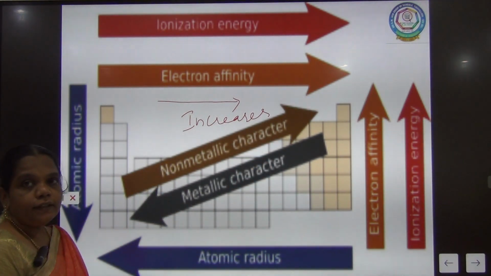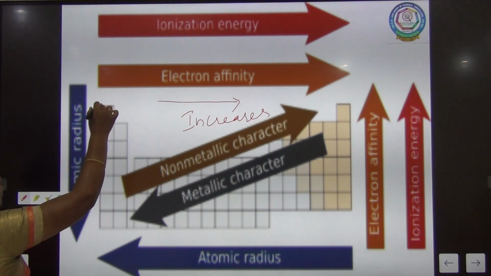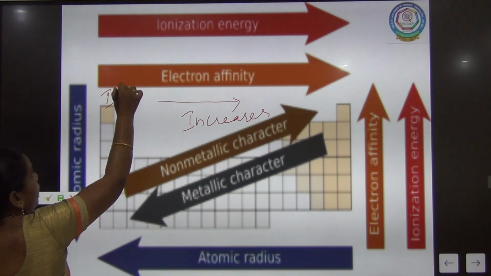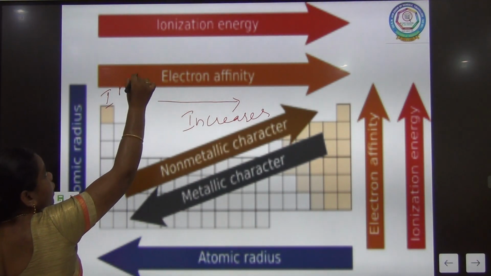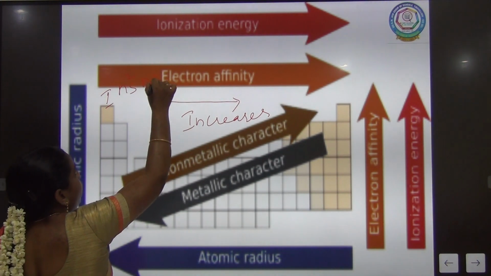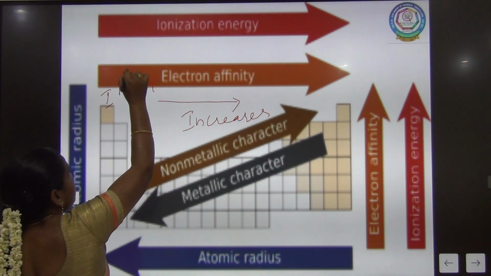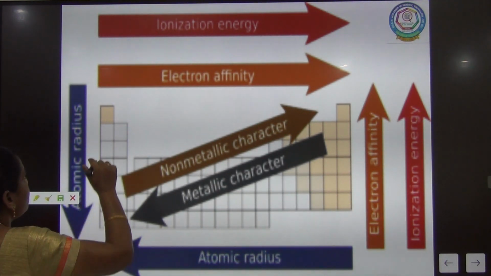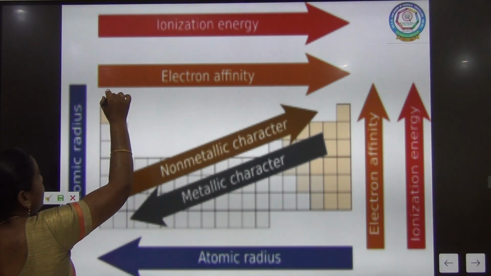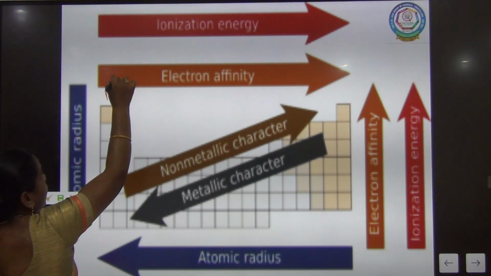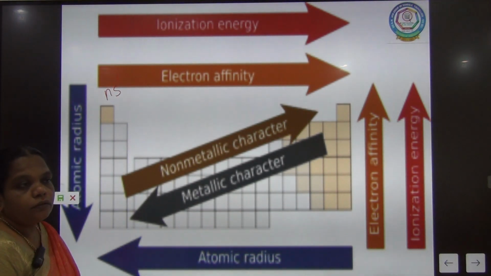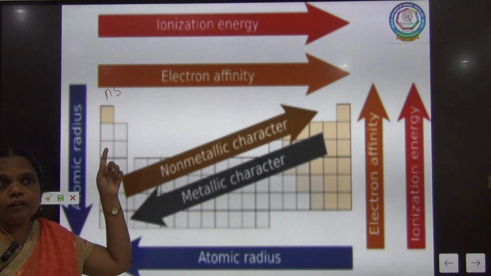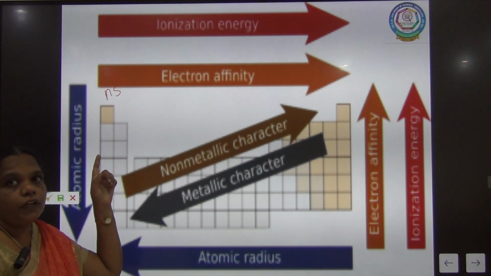Why does it increase? If you go to the first group element, it has the electronic configuration ns1, one electron. If it gains one electron, it will not attain the octet configuration.